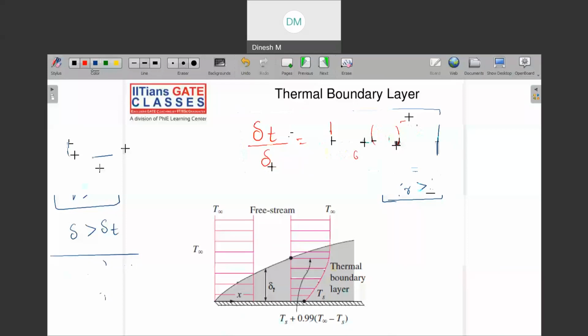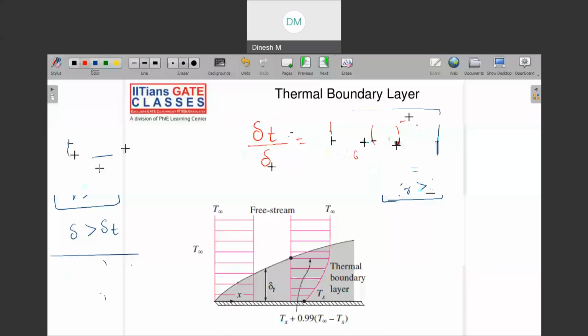Let us analyze this part. If I draw the hydrodynamic boundary layer here, it is something like this, and then the thermal boundary layer.